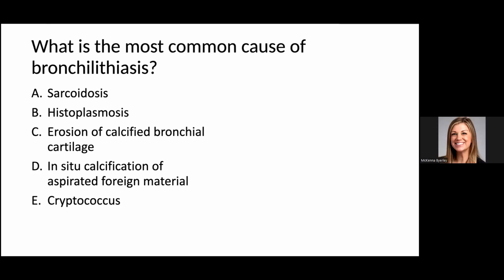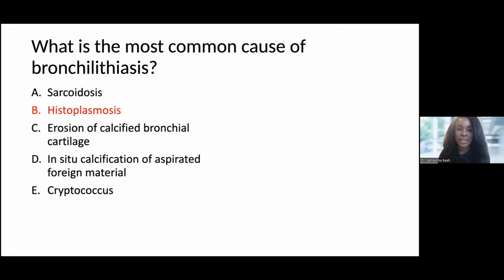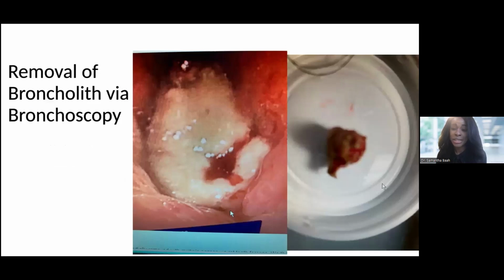One hundred percent responded D. Okay, in situ aspiration of foreign material. So the answer actually is B, histoplasmosis. These are all causes of broncholithiasis. Histoplasmosis by far is the most common cause, especially in this region of the country because of the Ohio Valley.